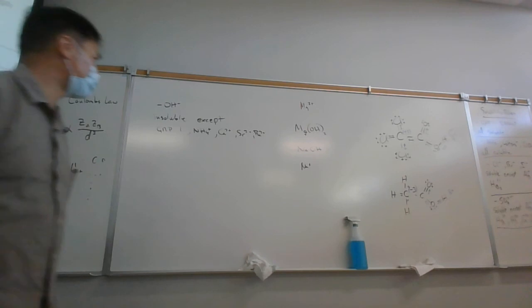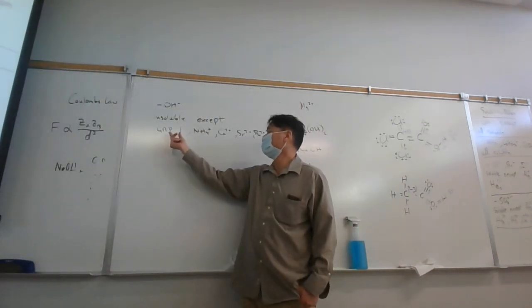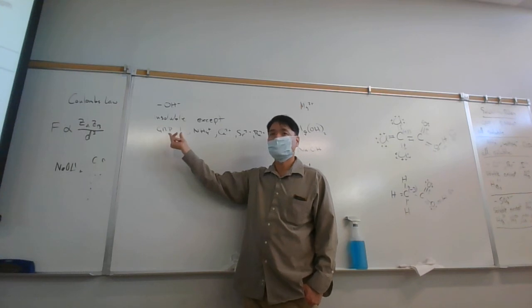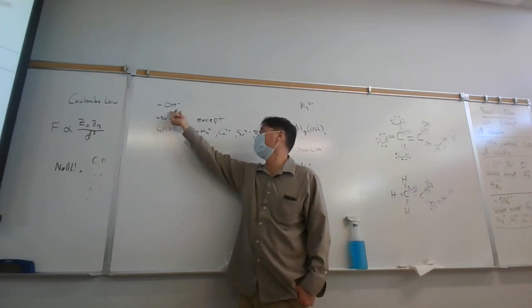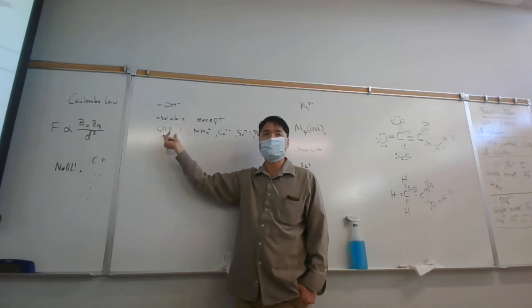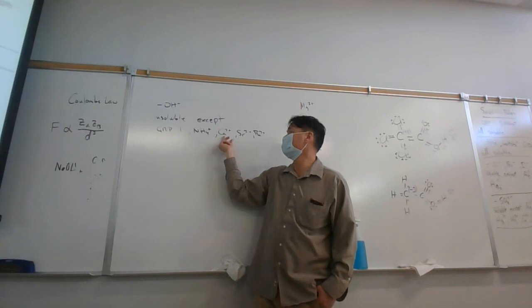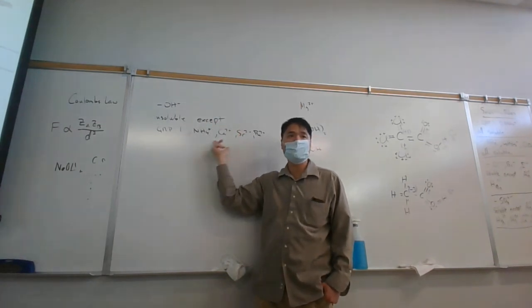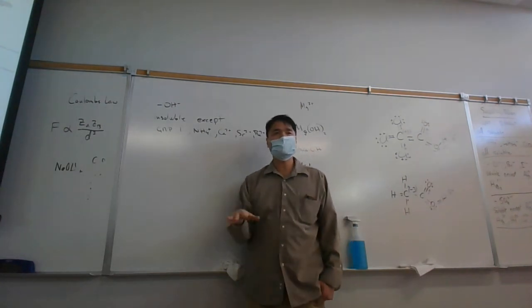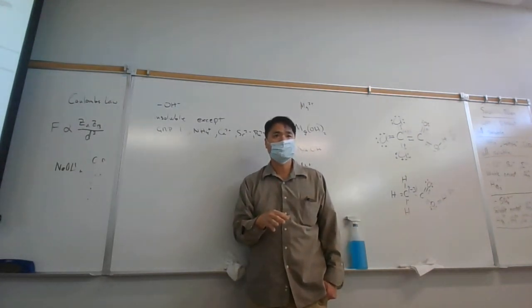What are the soluble hydroxides? Sodium, lithium, potassium, cesium, rubidium, all those are soluble hydroxides. Those are strong bases. Ammonium hydroxide, strong base. Calcium hydroxide, strontium hydroxide, and barium hydroxide are strong bases. Every other hydroxide is a weak base.